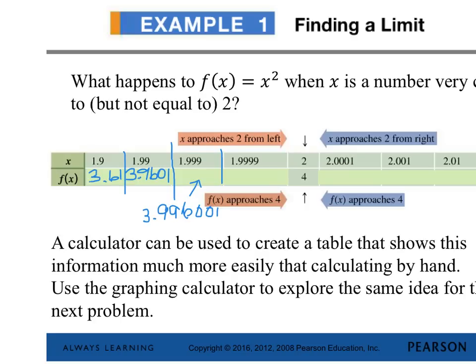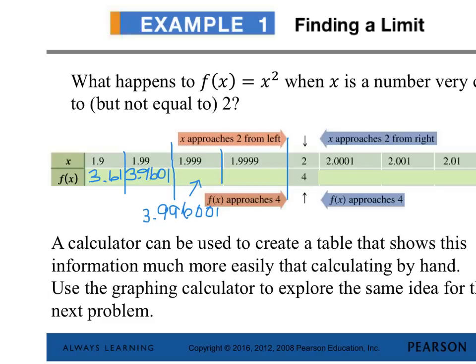And so what you see happening here, and what you may suspect is happening, is that we're getting closer and closer to the number 4. And just to, again, prove the point, we're going to let x be 1.9999.